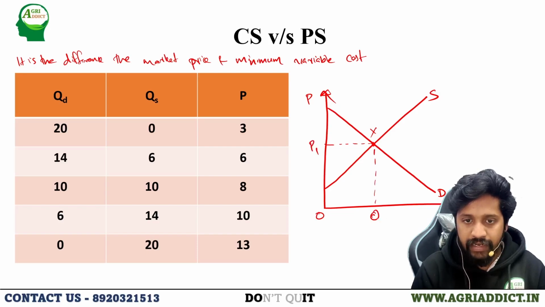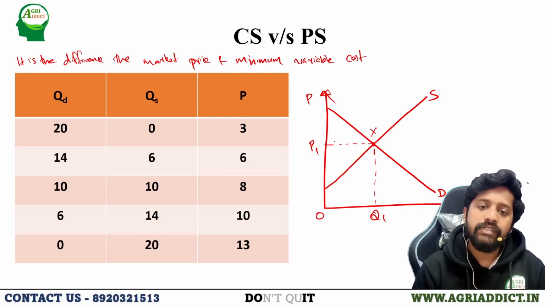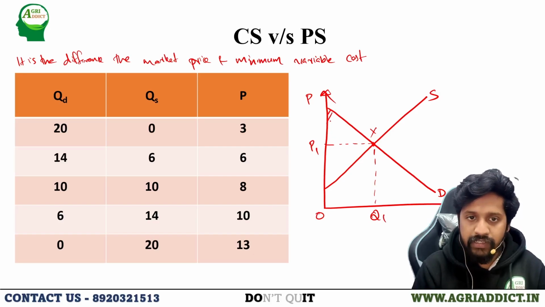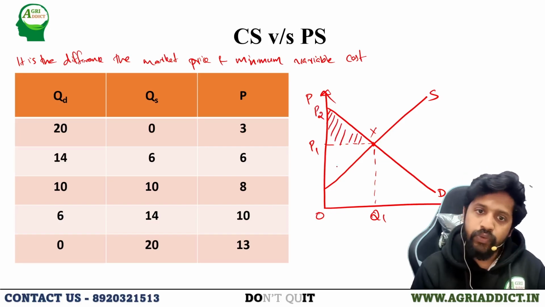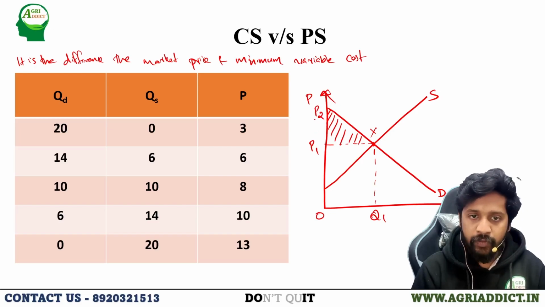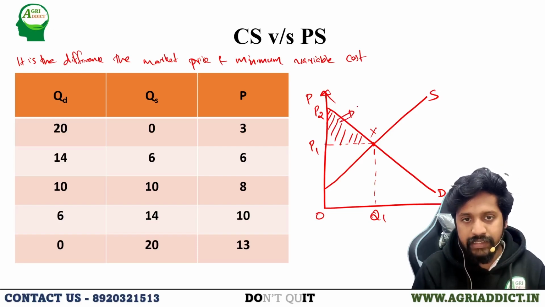This is P1 and this is Q1. As we have already discussed, what is the consumer surplus? This is the consumer surplus, right? OP2 was the price the consumer was willing to pay, but actually he only pays OP1 price. So therefore this can be considered as the consumer surplus.